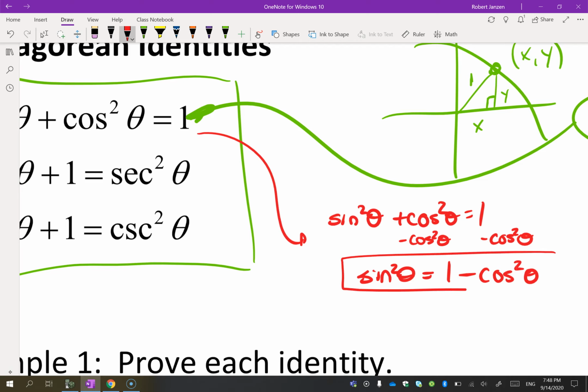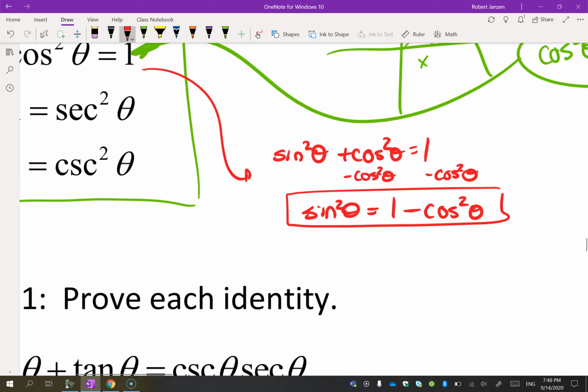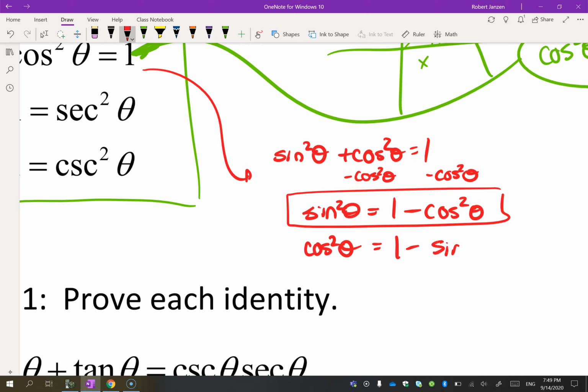This is another one that you should know. That's not on your formula sheet. And similarly, cos squared is 1 minus sine squared. That one is also one that you should know, because we're going to use them even today.